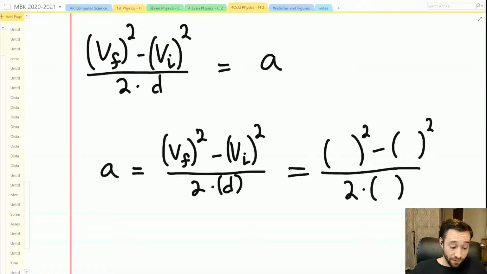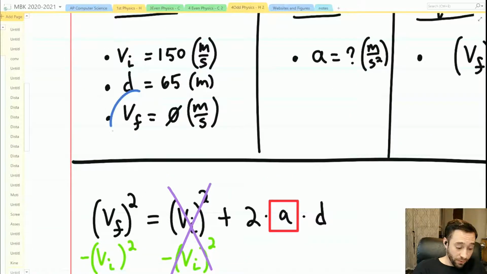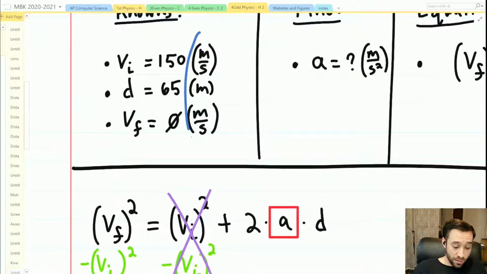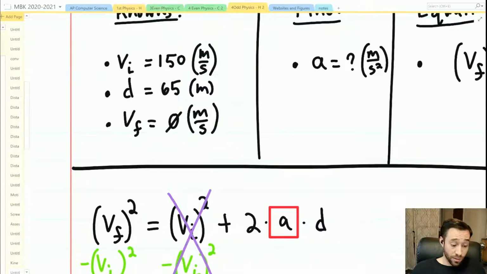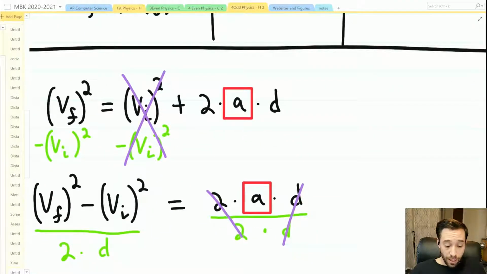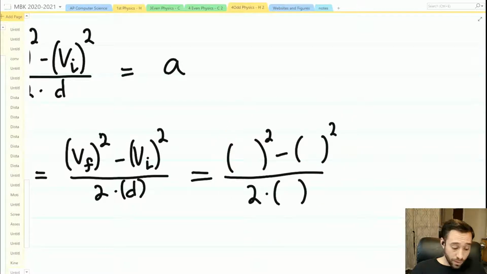So my final velocity, I look back up here, my final velocity was 0. Because these units are already the proper units, like velocity has to have meters per second, displacement must have meters, and so on, because they're already in the base units, I don't worry about putting the units in here. So my final velocity is going to be 0.